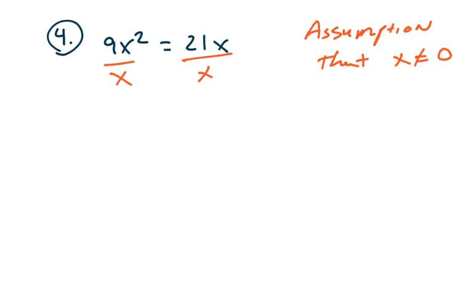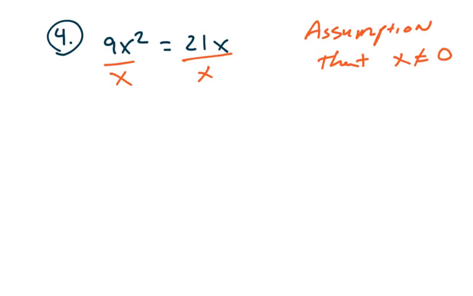So remember earlier we said in this semester, if you divide by 0, the value becomes undefined. So if you divide by x, you're assuming that x doesn't equal 0, because if x is 0, it becomes undefined. So that can never be your first move.